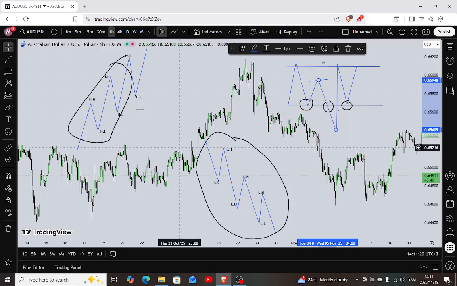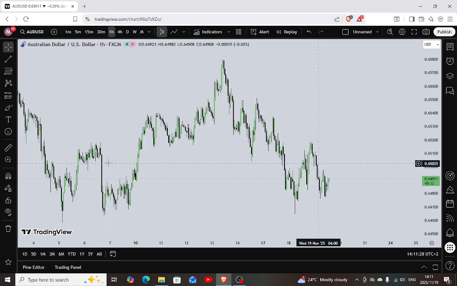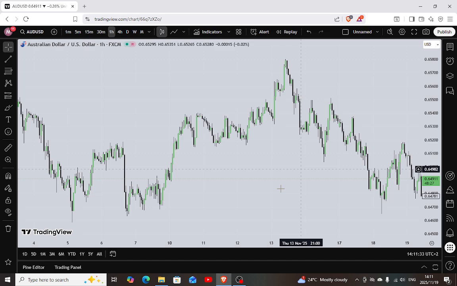So yeah, let's look at a real example of that. This is not a favorable area, but I mean it will give us what we want to see actually. This area right here, we can take it as an uptrend.